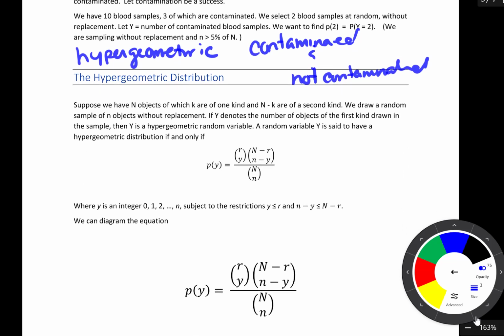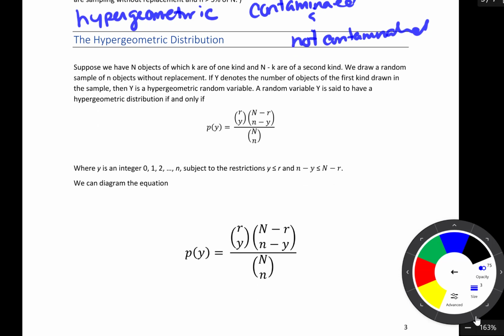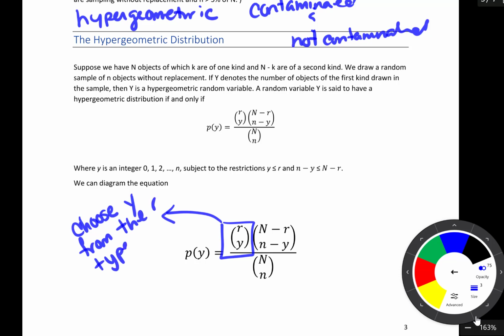Right, so looking here at our hypergeometric distribution, again we can look at the equation to see where the different pieces come from. Looking here at this first term, this is going to choose y from the r type 1 objects.